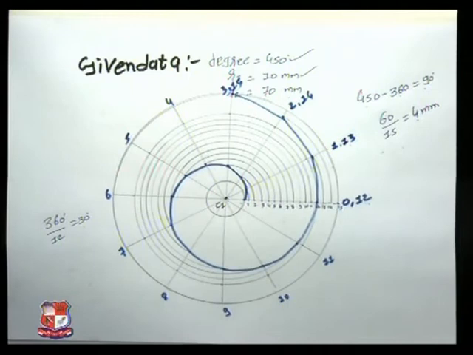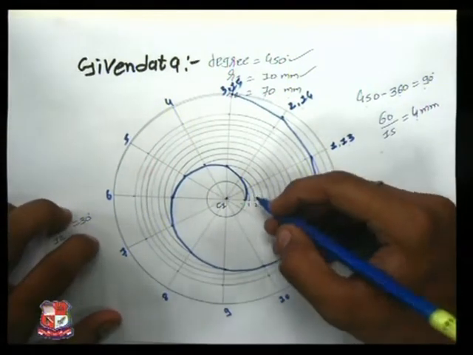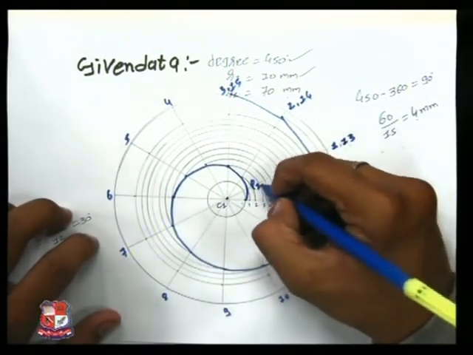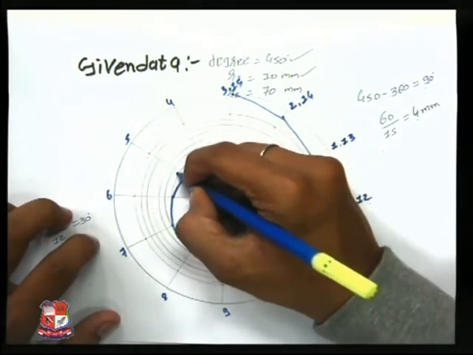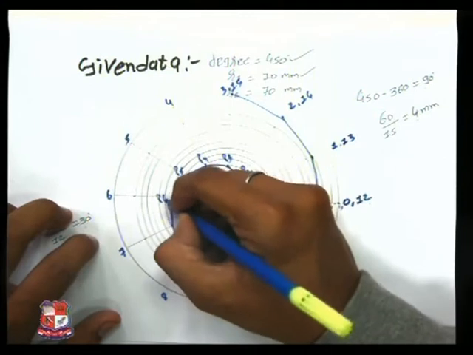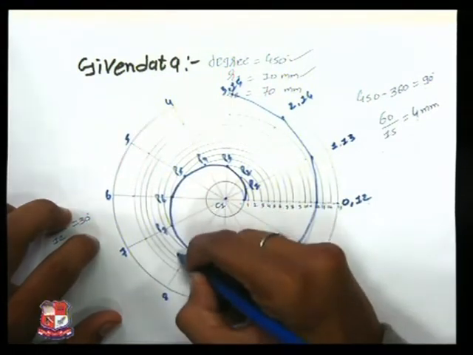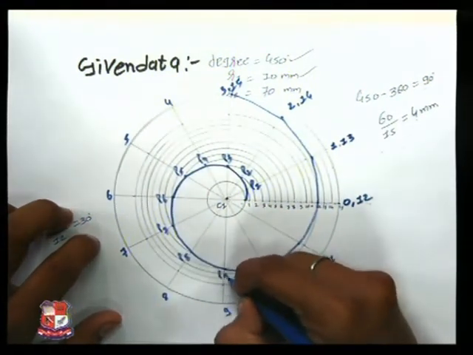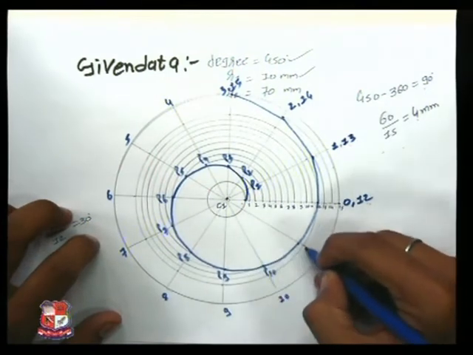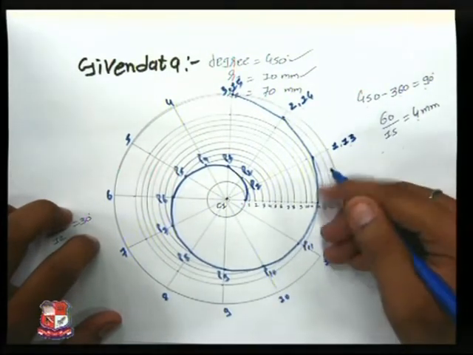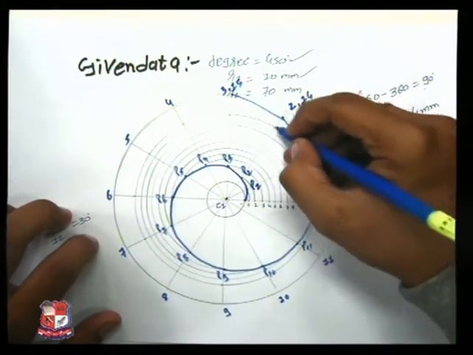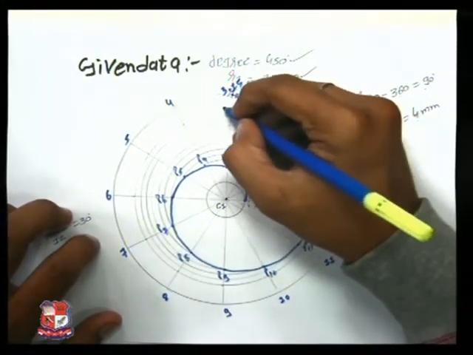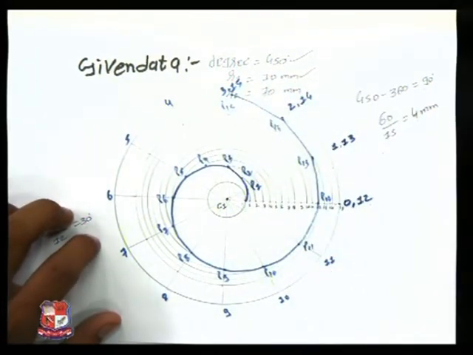We will give the nomenclature to this also so that it is clarified. P1, P2, P3, P4, P5, till P15.